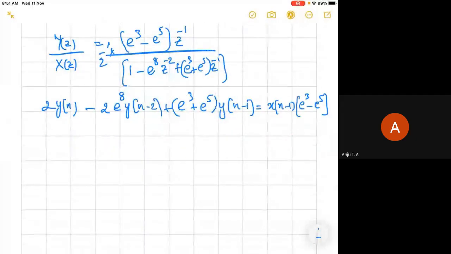So let us assume that e raised to 8 is some c1, e raised to 3 plus e raised to 5 is some c2, e raised to 3 minus e raised to 5 is some c3.